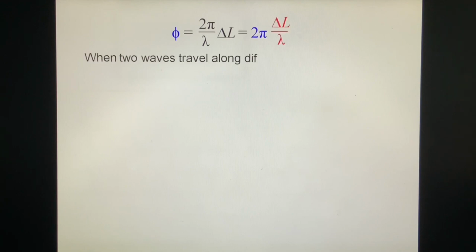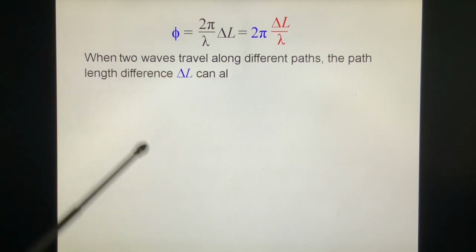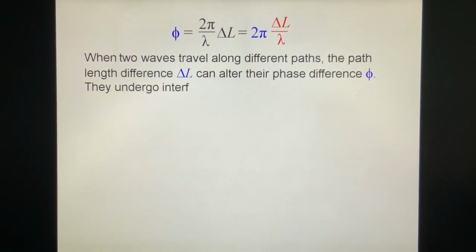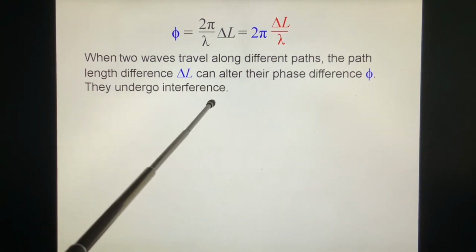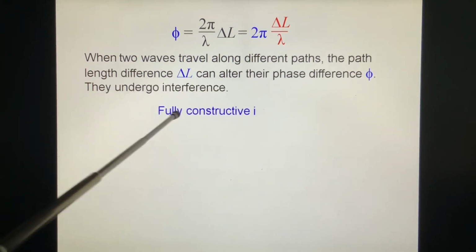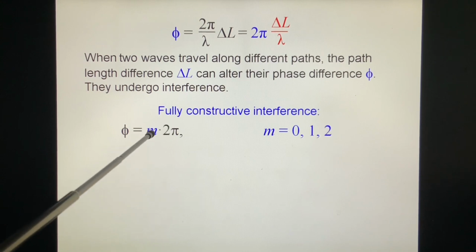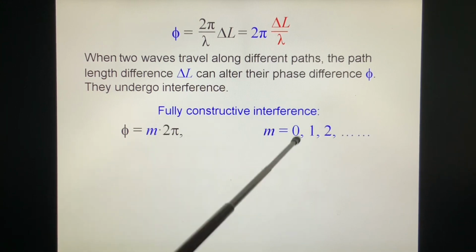When two waves travel along different paths, the path length difference delta L can alter their phase difference phi. They undergo interference. Fully constructive interference means phi equals 2 pi multiplied by an integer m. M can be 0, 1, 2, 3, and so on.